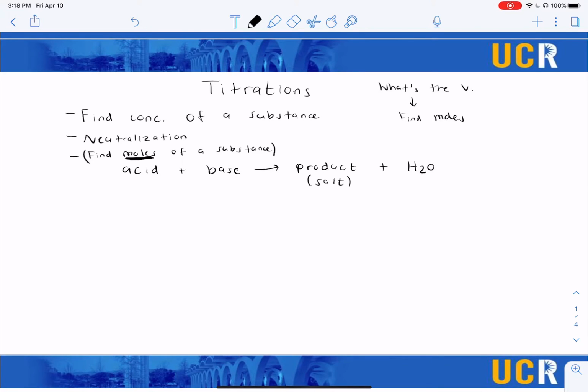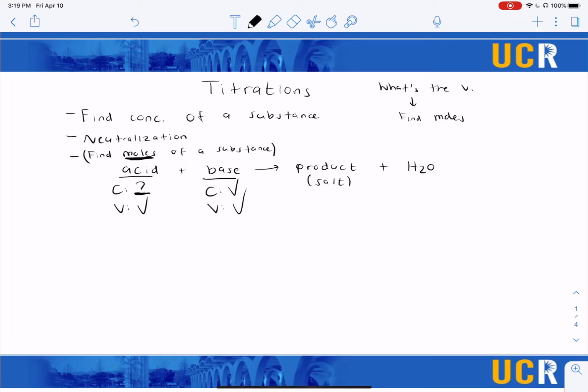Okay. And usually a titration reaction, how they work is you have your acid, and the concentration is unknown. But your volume, that's known. You know that. And then you have your base, and your concentration for your base, that's known. Your volume is also known. So what you want to find is just your concentration of your acid, for example.